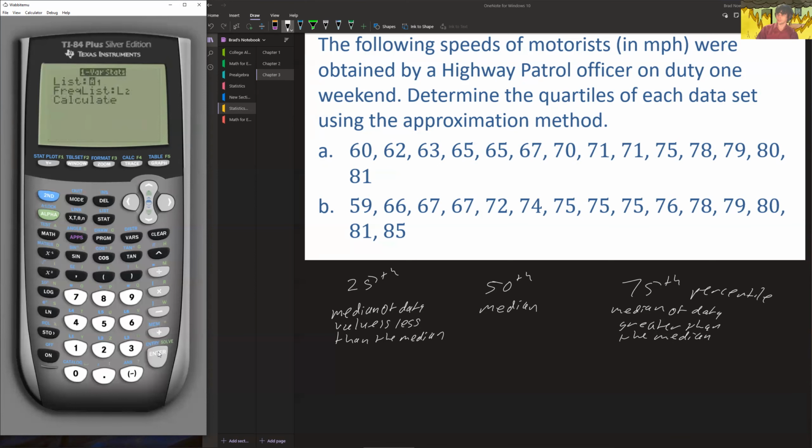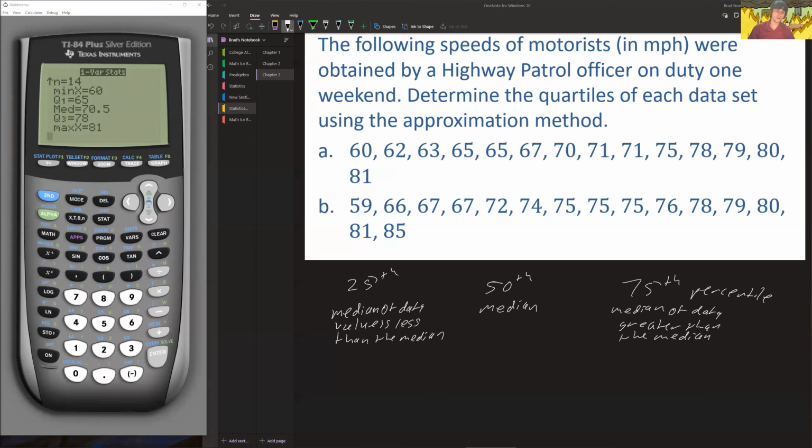So then I'll go to calc, one variable stats, clear out that frequency list because I don't need to make use of it. And now I'm just going to scroll down and it will let me know several things here: the min, the first quartile, the median, the third quartile, and the max. So I can see directly all of these things that I'm looking for. Now you'll note that we also have the min and the max.